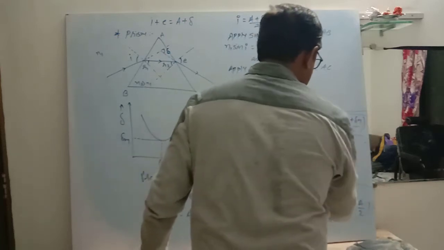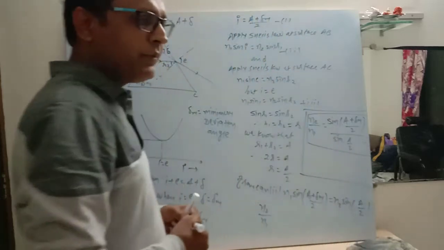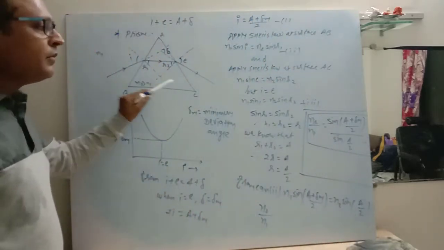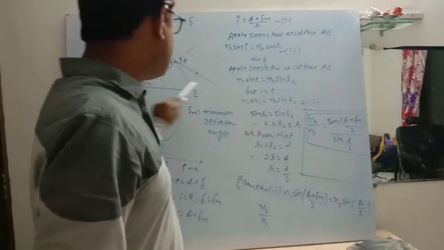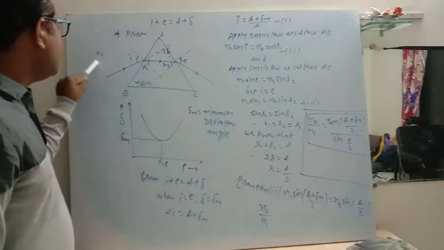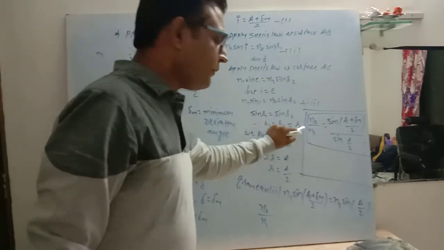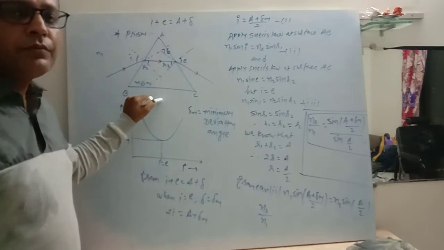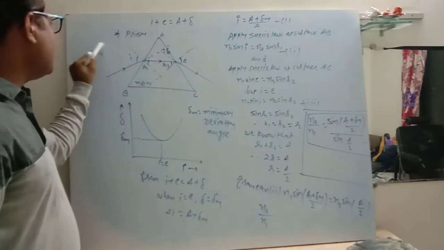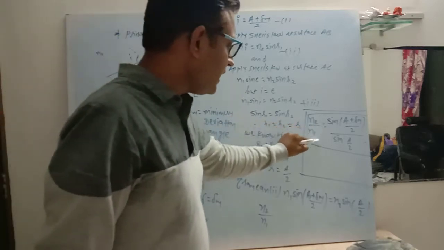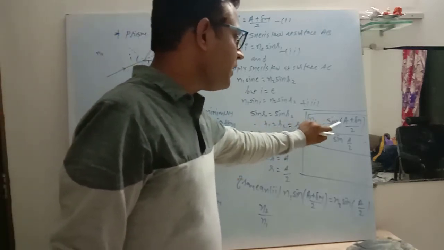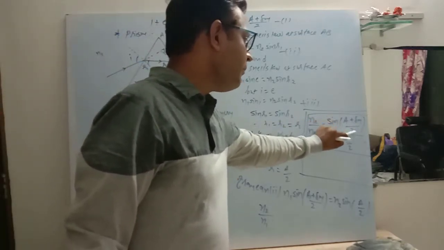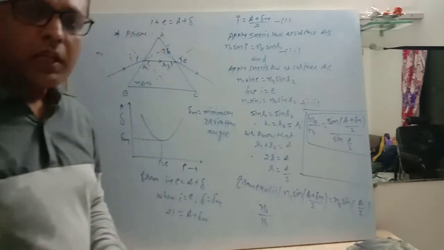This is the equation for the refractive index of the prism. Then eta 2 is the refractive index of the prism. Eta 1 is the refractive index in which the prism is kept. जो सराउंडिंग अगर एयर है तो सिंपली बोल सकते हैं कि this is 1, then eta 2 is equal to sin A plus delta m by 2 upon sin A by 2.